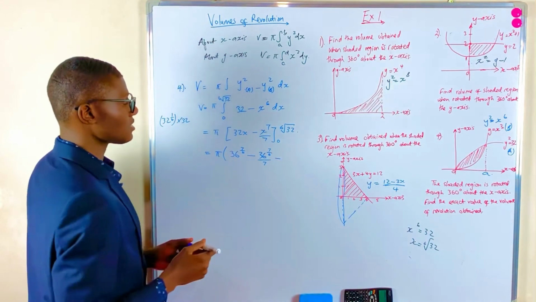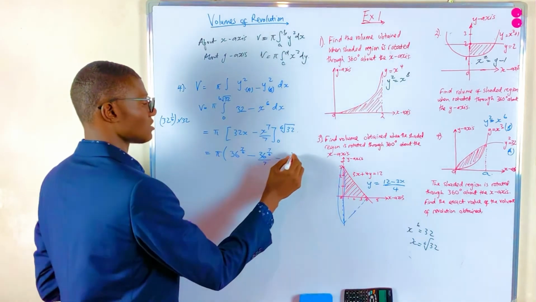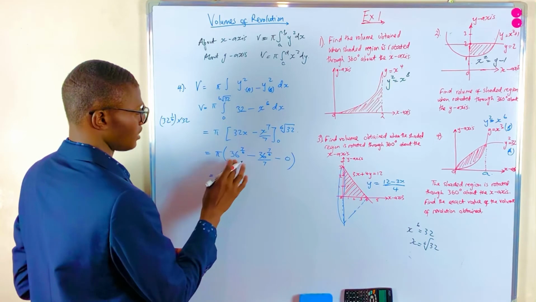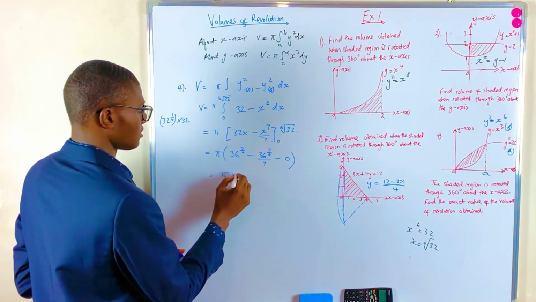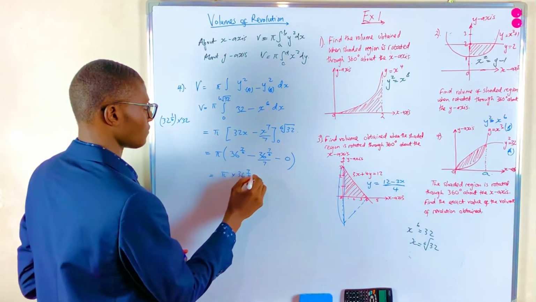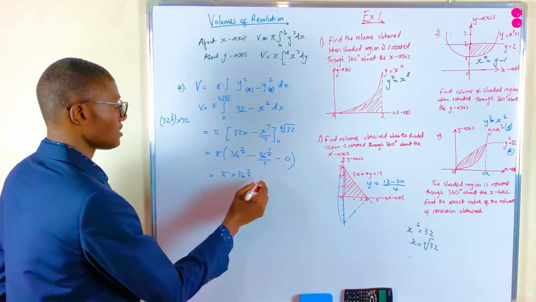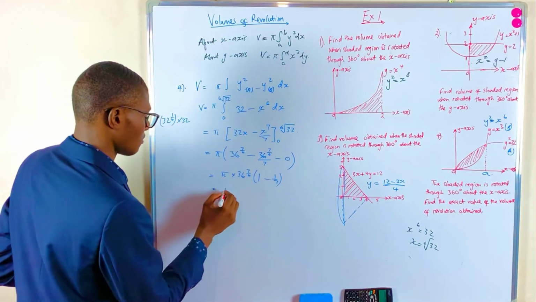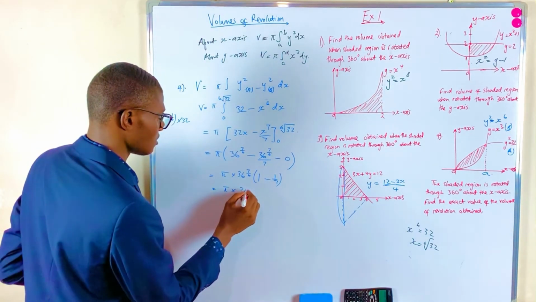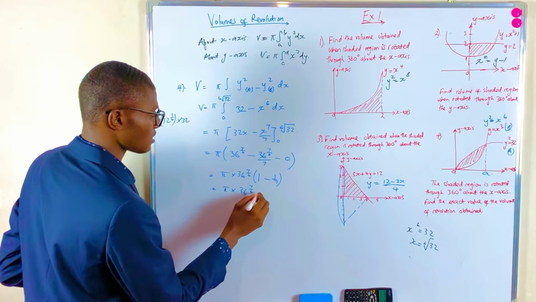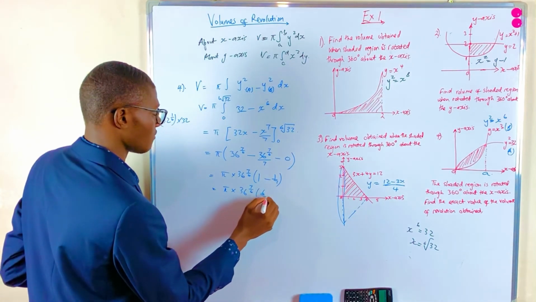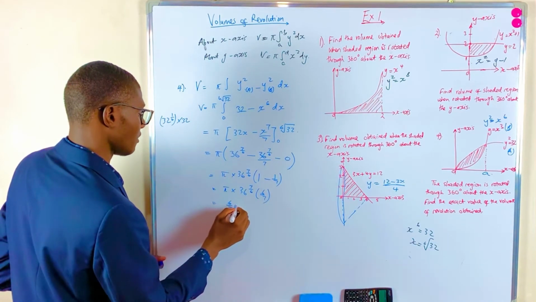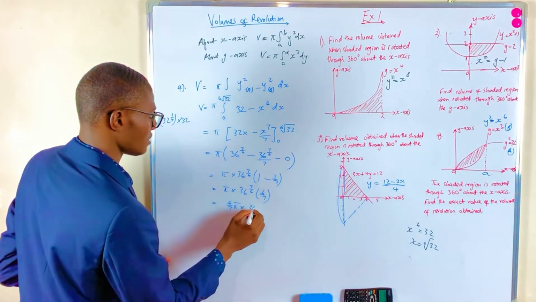Then minus the lower limit, which is 0. If we factor out, this will be pi times 32 to the power of 7 over 6, times 1 minus 1 over 7, which is pi times 32 to the power of 7 over 6 times 6 over 7, which is 6 over 7 pi times 32 to the power of 7 over 6.